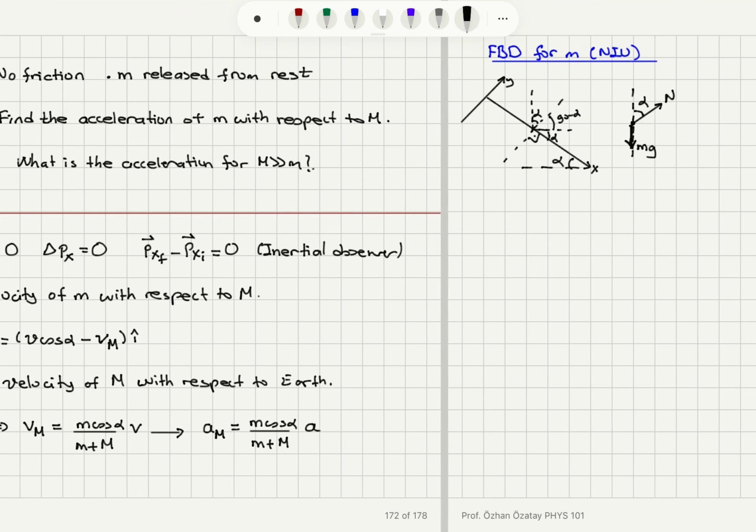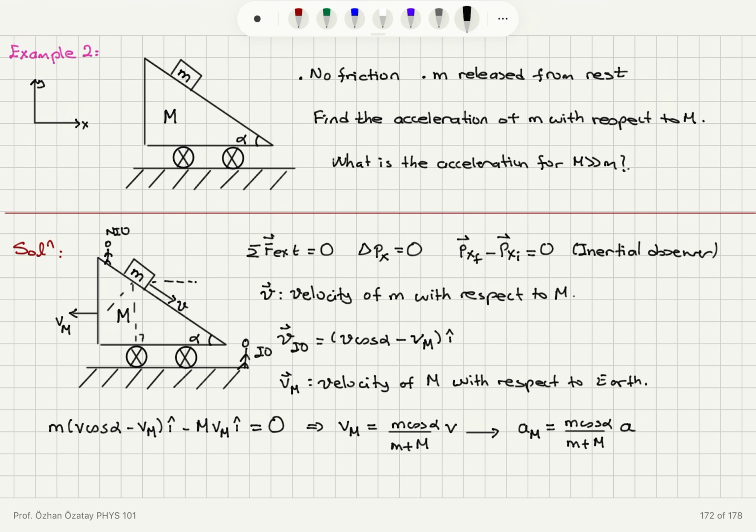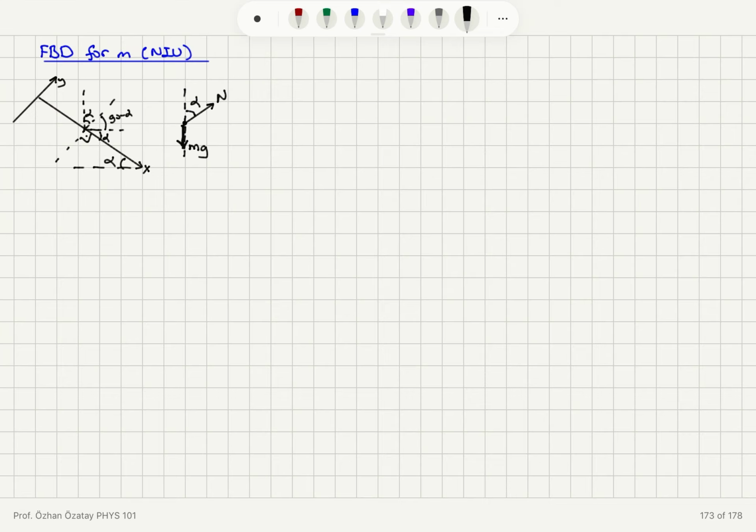And now, because capital M is accelerating to the left, there will be a fictitious force, the ghost force, pointing in the opposite direction, which is mass m times acceleration of capital M. And this is my particle with mass m under the influence of these three forces in the non-inertial reference frame.